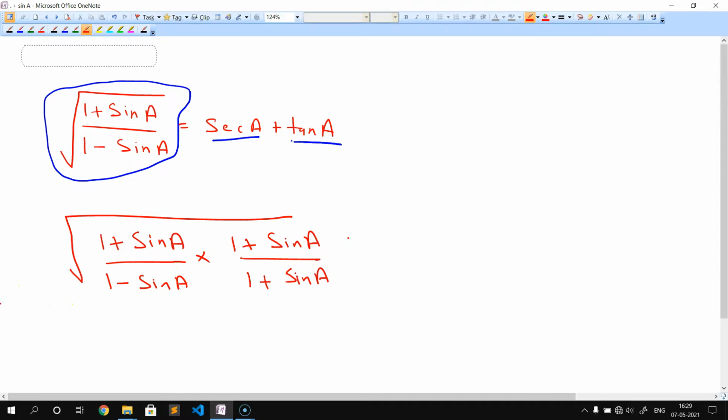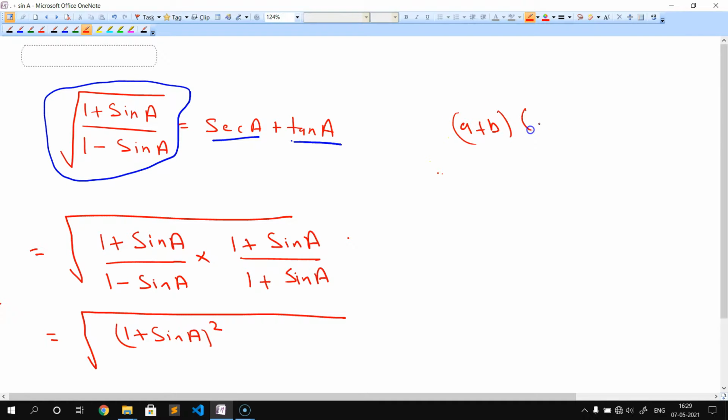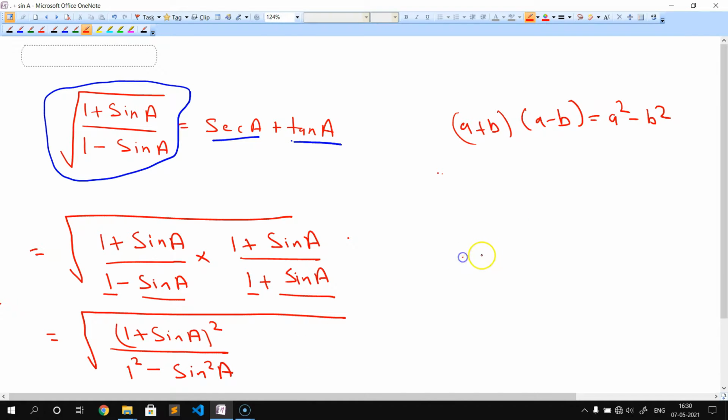So it will become under root (1 plus sin a) whole square, and as we know, (a plus b) into (a minus b) is equal to a square minus b square, and here it is (a minus b) into (a plus b), so it will become a square minus b square, and cos square a is equal to 1 minus sin square a.